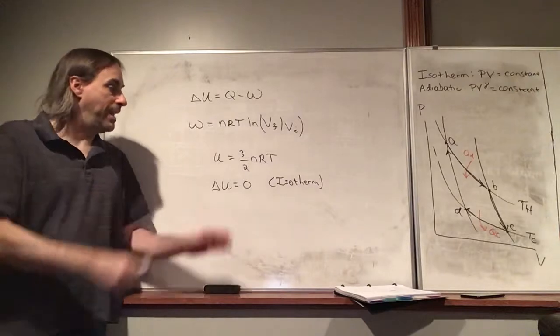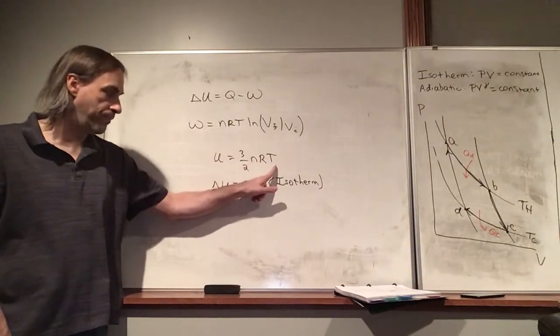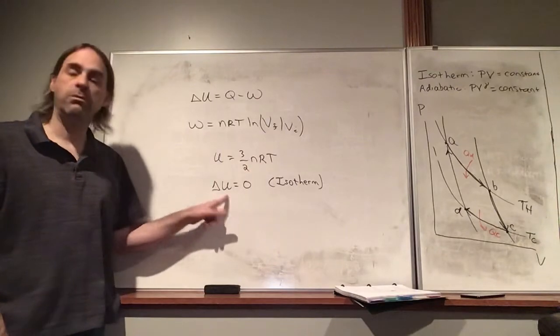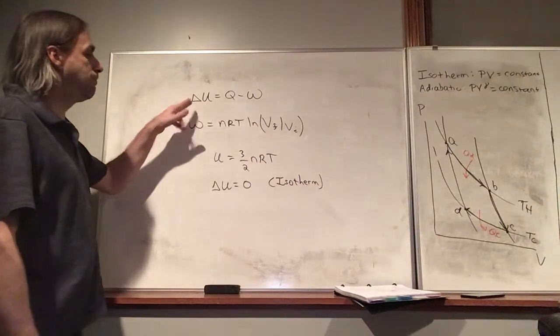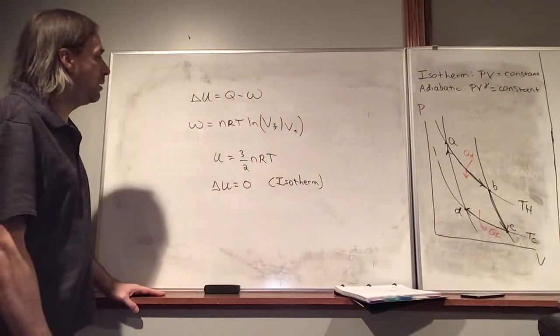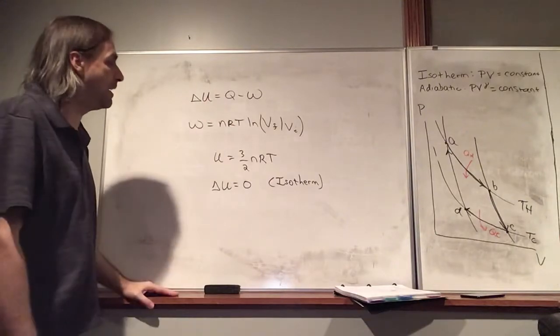So, just on any isotherm, because the internal energy only depends on the temperature. So if there's no change in temperature, there's no change in energy. And so delta U is basically just equal to minus W.